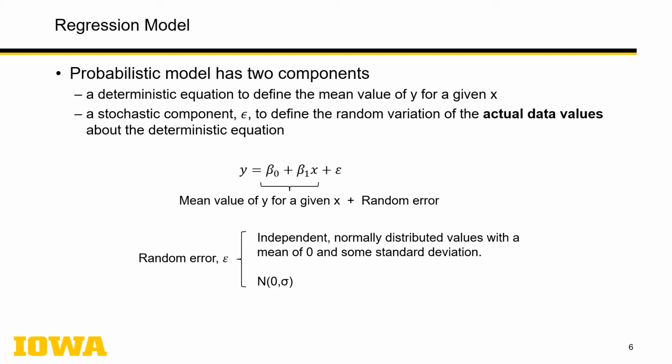They would be normally distributed values, and they have a mean of 0, so they do not add to the height or depression of the line. They are literally points that are bouncing around the line because their mean is 0, and they have some standard deviation. Of course, the higher the standard deviation, the more they're bouncing around the line, so to speak. That can all be encapsulated into this notation right here that statisticians use. The capital N means that they're normally distributed with a mean of 0 and some standard deviation. So that is how we get to a more sophisticated model.